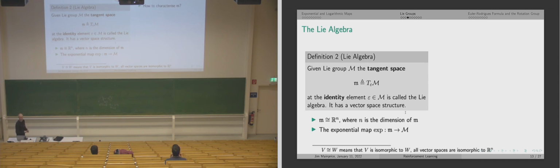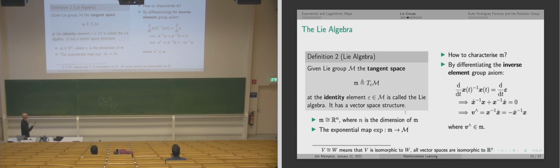So how do we characterize the Lie algebra for a Lie group? We come back to that equation that I drew on the board. That's key. It's by differentiating the inverse element group axiom. Remember, Lie groups are manifolds, but on top of that, they have another bunch of constraints associated to them.